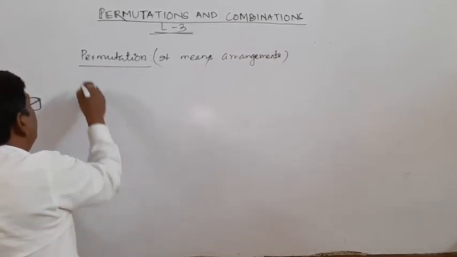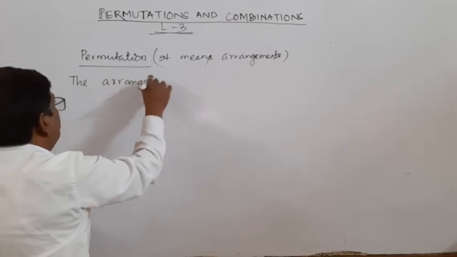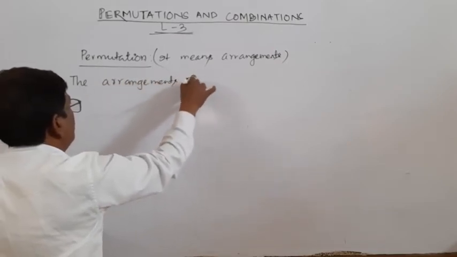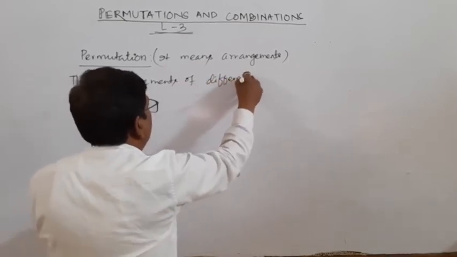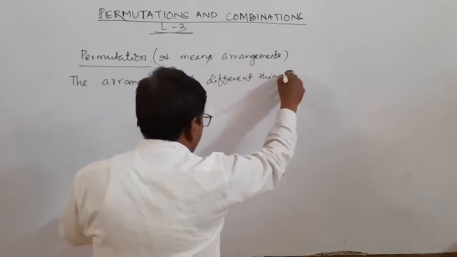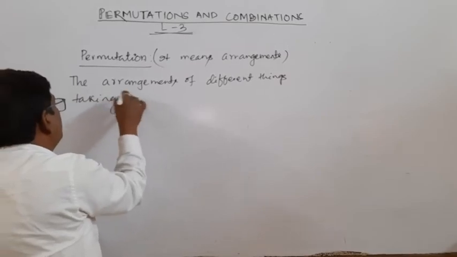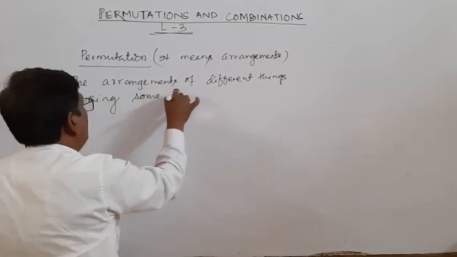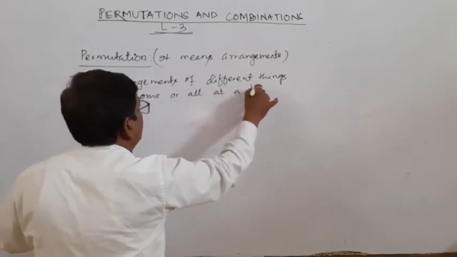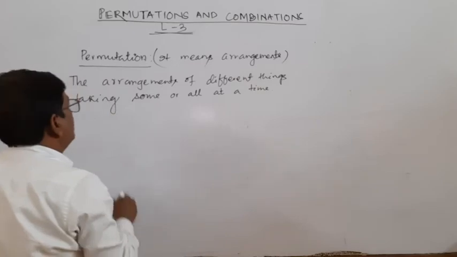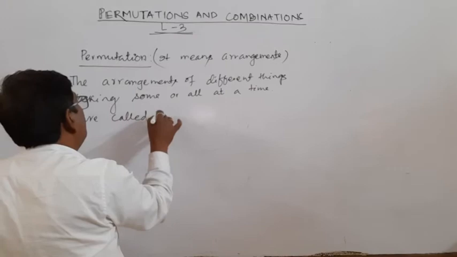The arrangement of different things taking some or all at a time are called permutations.